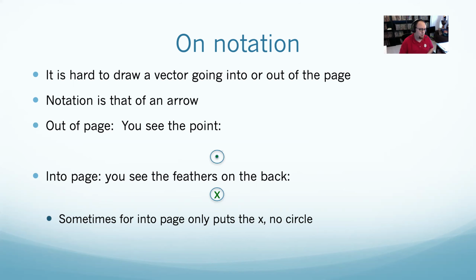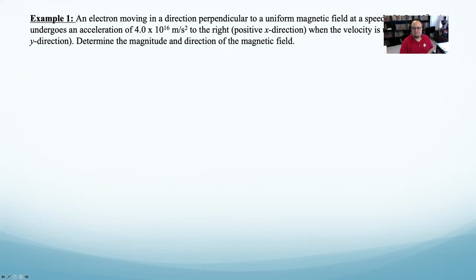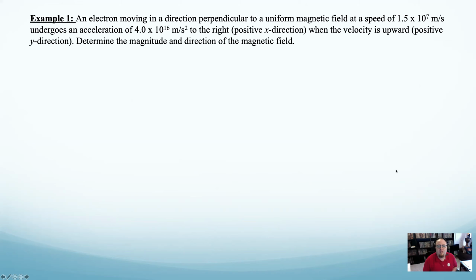Okay, let's do an example. Here we go. An electron is moving in a direction perpendicular to a uniform magnetic field at a speed of 1.5 times 10 to the 7th meters per second, and it's undergoing an acceleration of 4 times 10 to the 16th meters per second squared in the positive x direction, when the velocity is upward, positive y.